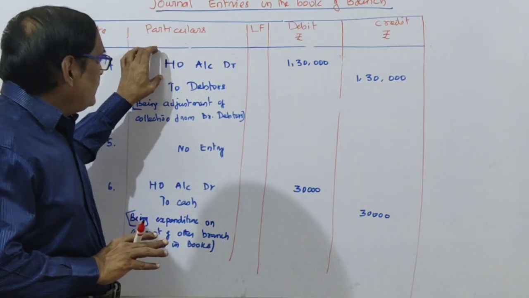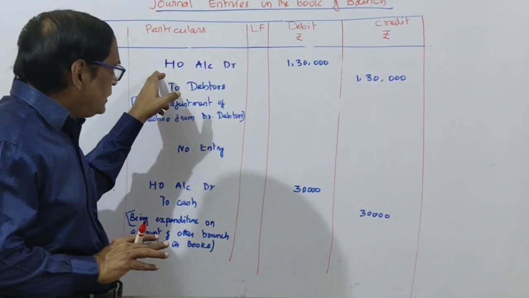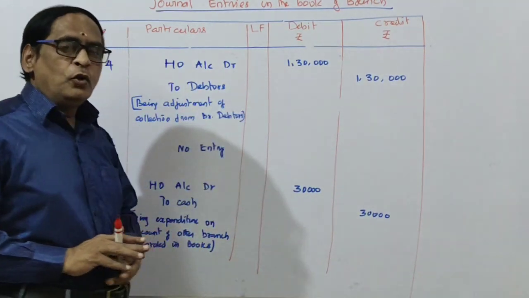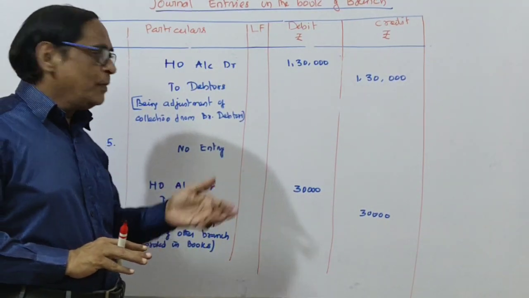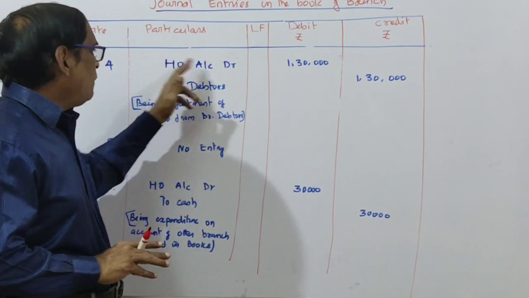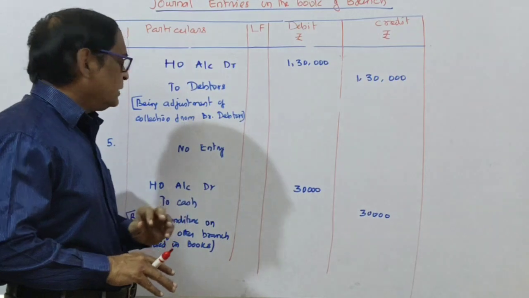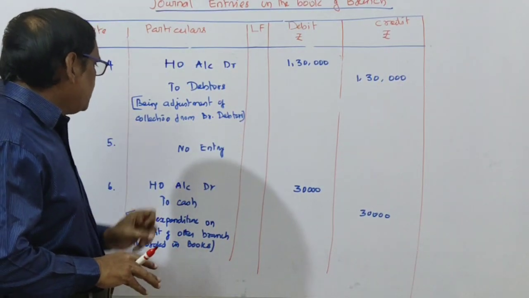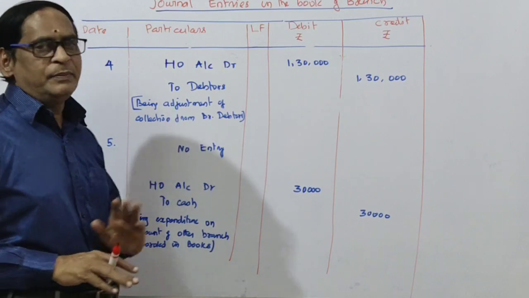Debit the receiver. Head office account debit, because head office received that amount on behalf of branch. Who has given that amount? The customers or debtors of the branch. So head office account debit to debtors. What will be the narration? Being the adjustment of collections from branch debtors.